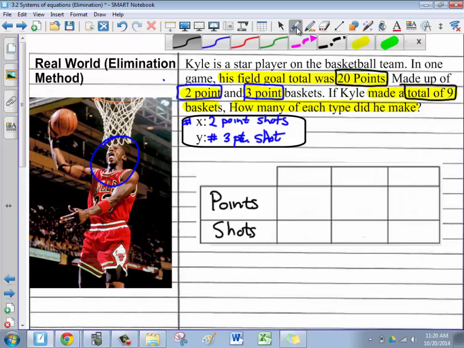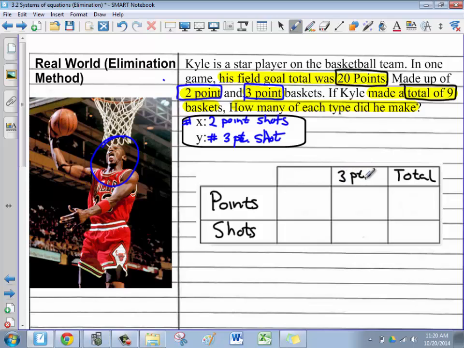Now this is going to be our total column. Let's put the total over here just because I like it over here. And then we got 3-point shots. And then we got 2-point shots.